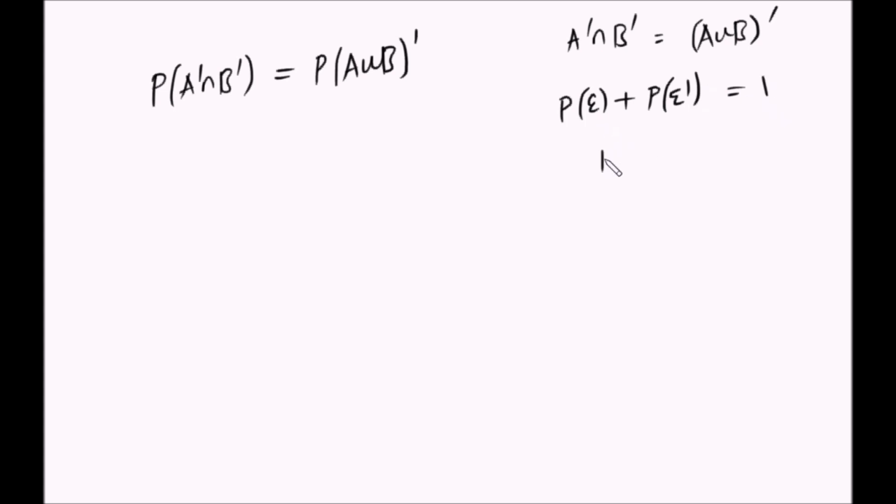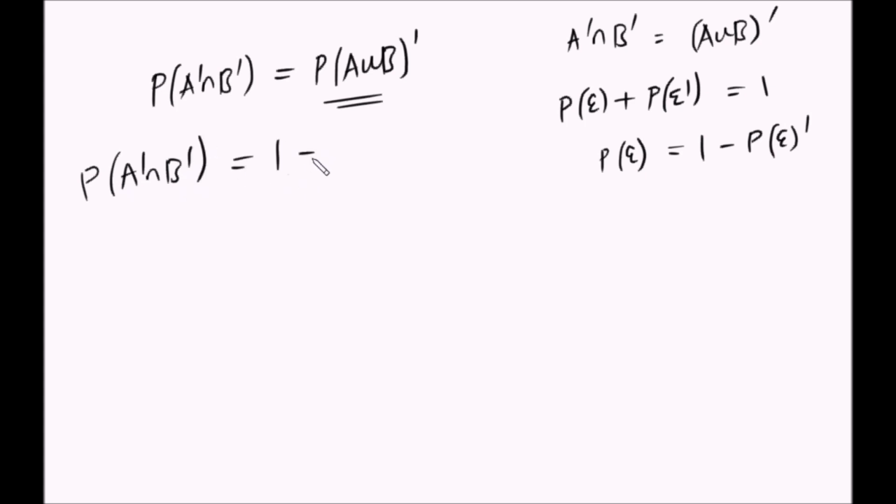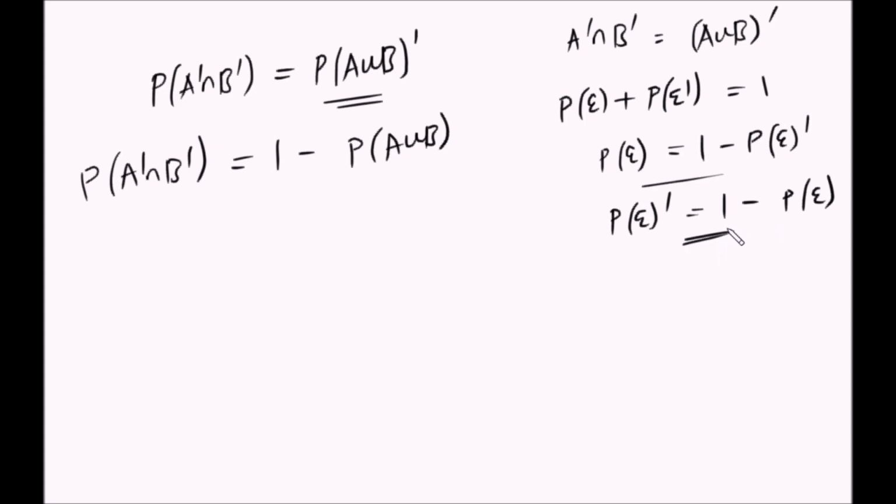So the probability of E complement itakuwa 1 minus the probability of E, ndio? Kwa hiyo hapa itakuwa ni 1 minus probability of A union B. Sawa. So badala ya E sasa ni A union B. So we have used this one.